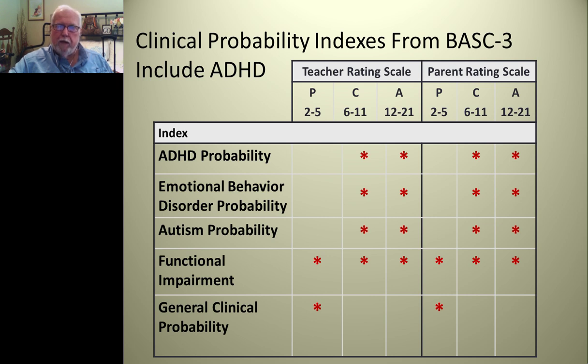We also have clinical probability indexes on the BASC-3 that include ADHD. The ADHD probability index and the functional impairment index are the most critical in diagnosing ADHD. And these are actuarially derived indexes designed to help you get to the right diagnosis.